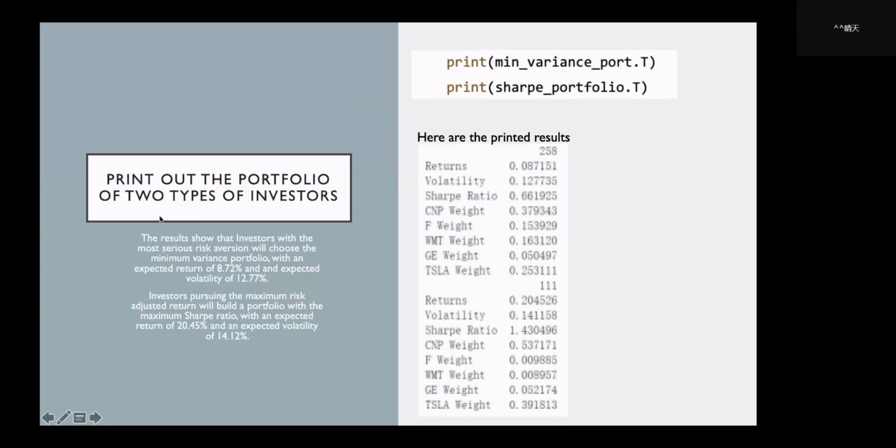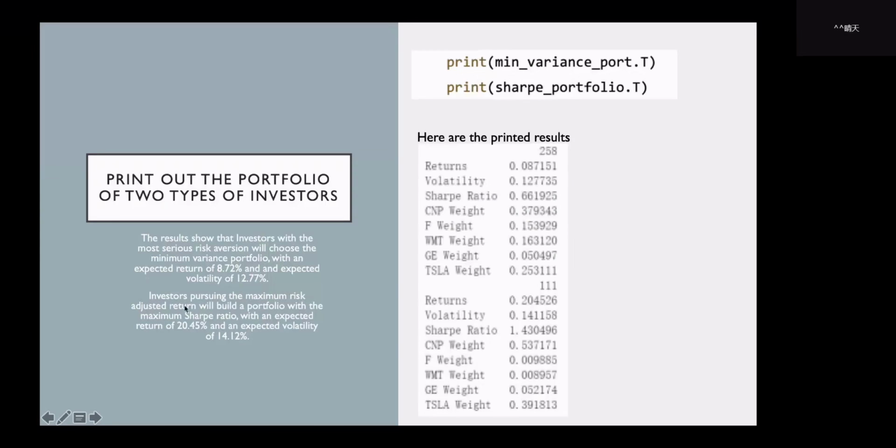And we find that the two results show that the investor with the most serious risk aversion will choose the minimal variance portfolio with an expected return of 8.72% and an expected volatility of 12.77%.